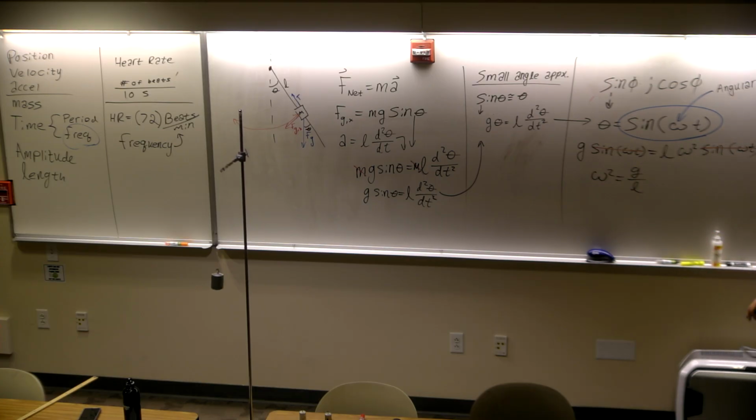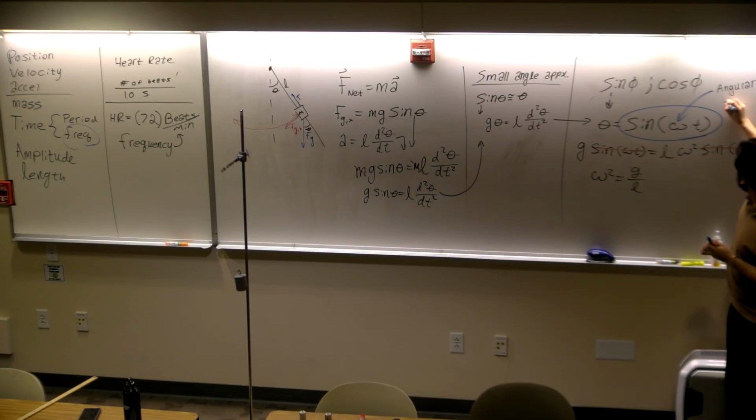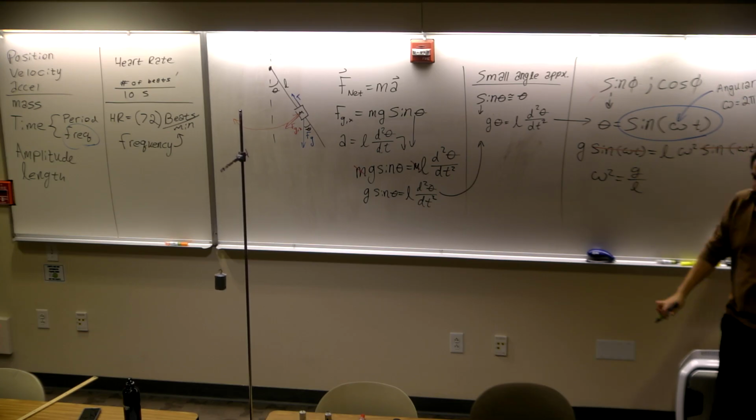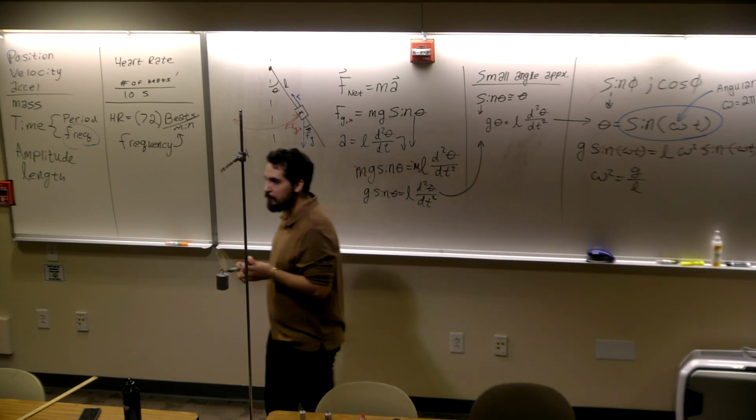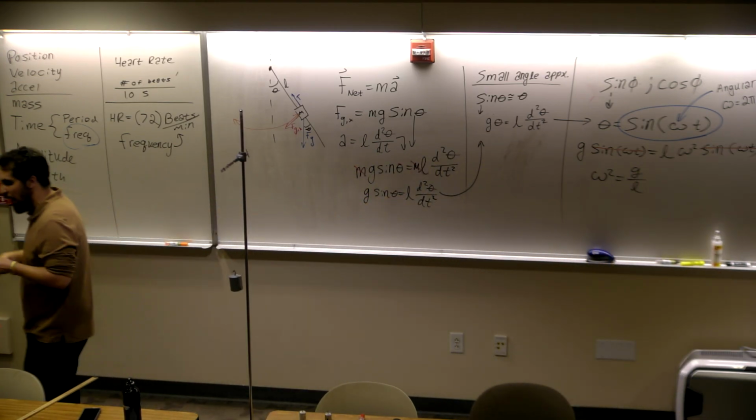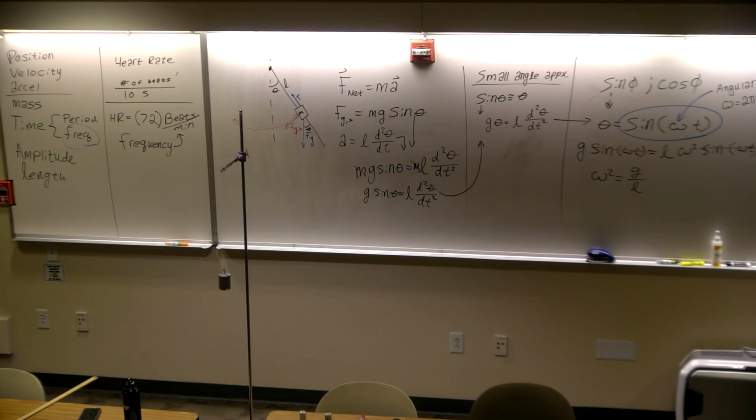Omega is what we call the angular frequency, which we define to be 2 pi times the frequency f, where f is your natural frequency, the number of oscillations that happen per minute.